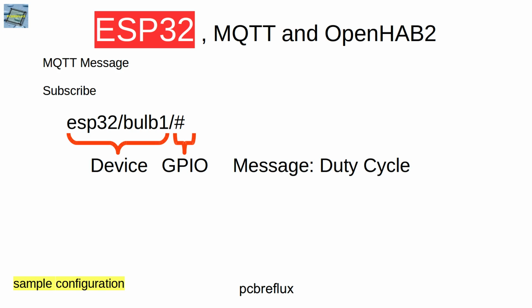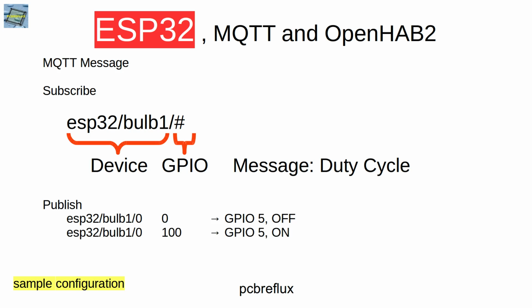And then I can publish some messages. They all start with ESP32 bulb1, and this message is for the GPIO port identified by 0, and I switch it off because the duty cycle is 0. So this is for GPIO port 5 and it's switched off. And the next topic is the same, but we use a different message.